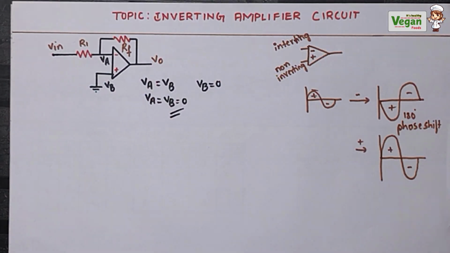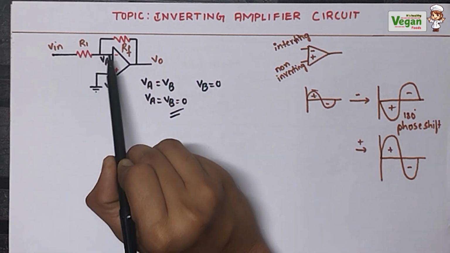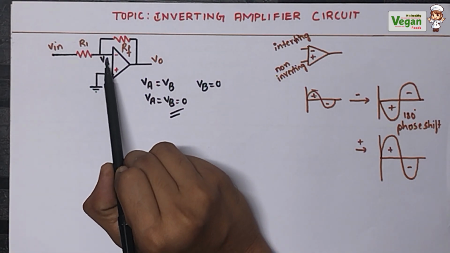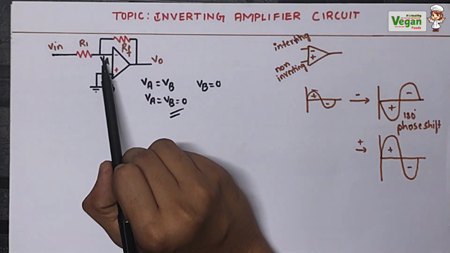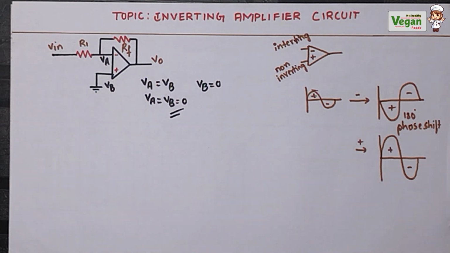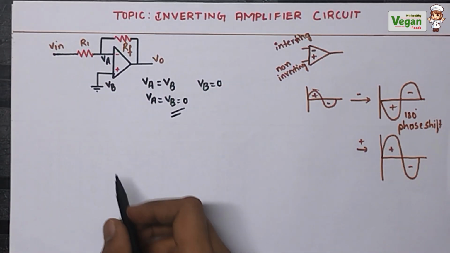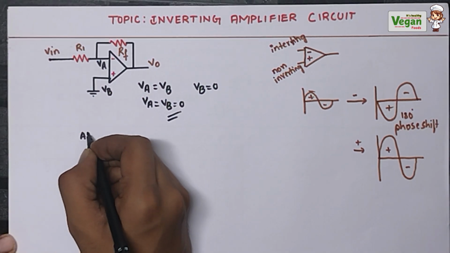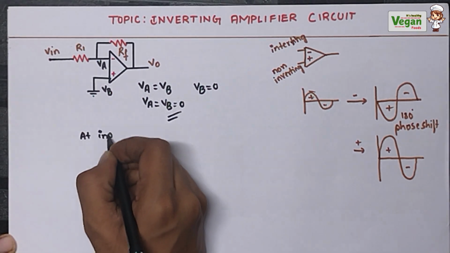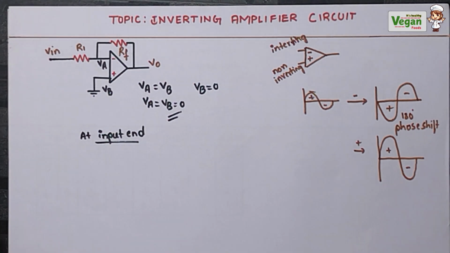So let's consider two equations. That is the input equation from V in up to VA, that is up to the negative terminal. Then the other is the feedback, that is the output side equation from VA towards V out. Now at the input end, when there is voltage and resistance, current will flow.